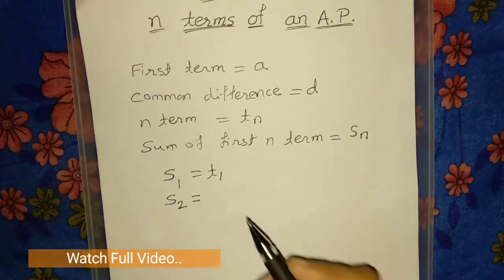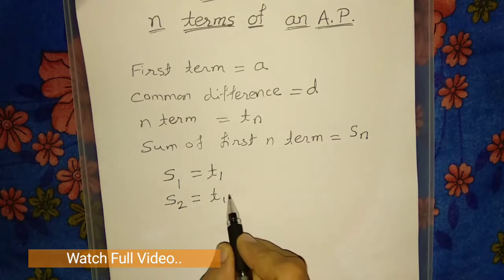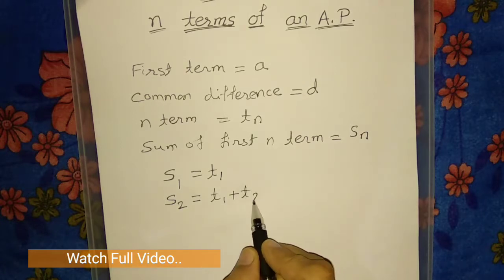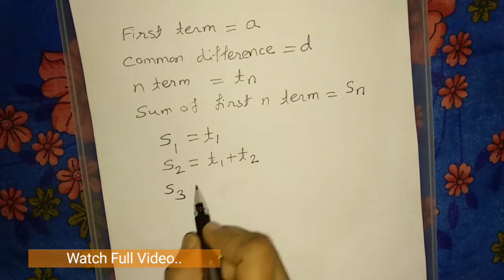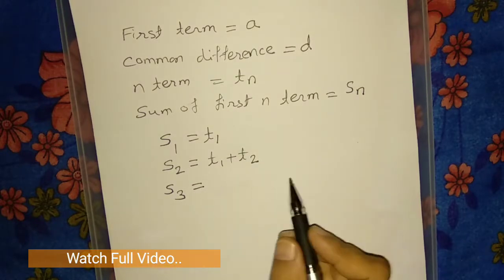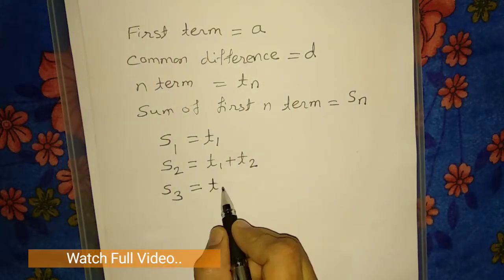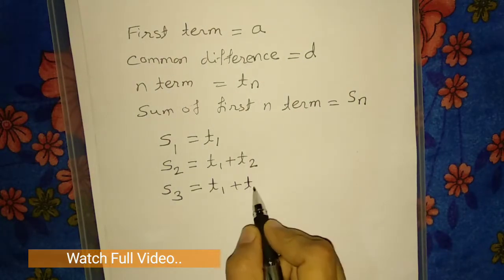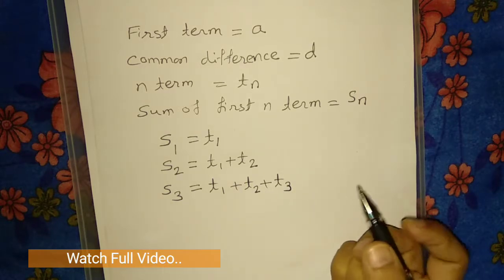S2 means sum of first two terms, and it is T1 plus T2. S3 is sum of first three terms, so it is T1 plus T2 plus T3.